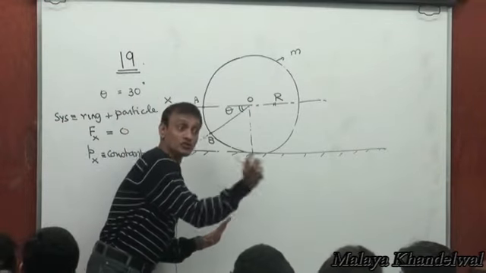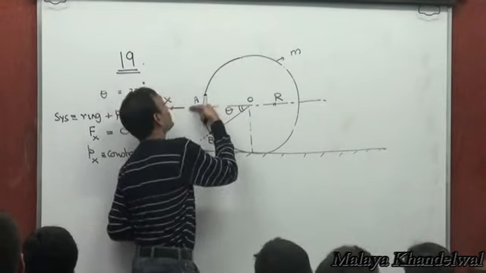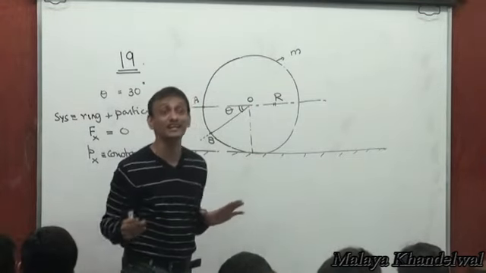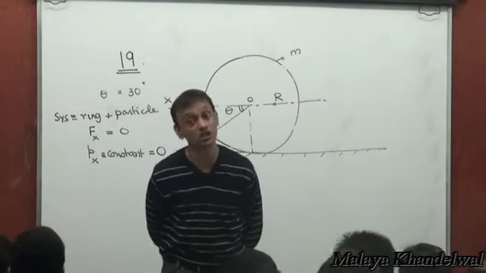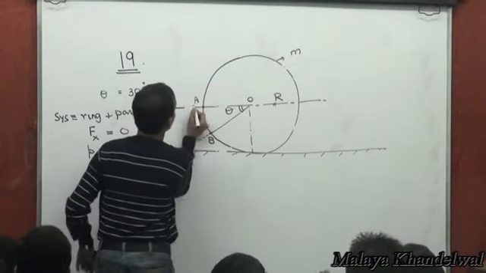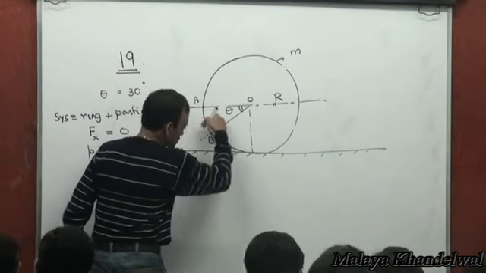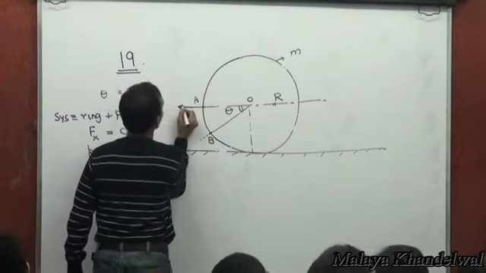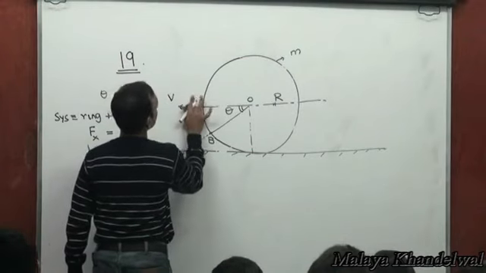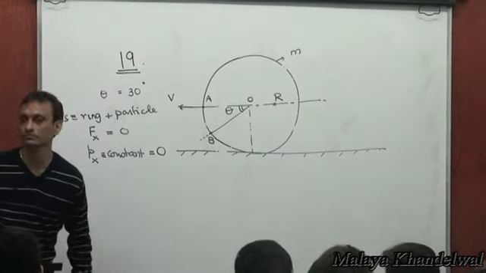To counter that, the ring must acquire a leftward velocity v so that the net linear momentum in the x direction remains zero. So by the time this particle reaches B, the ring develops, let's say, a velocity v to the left. Clear?